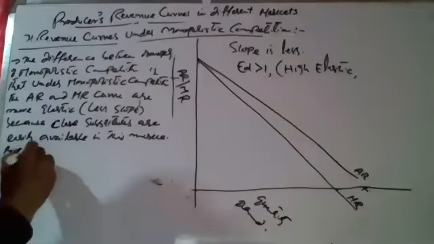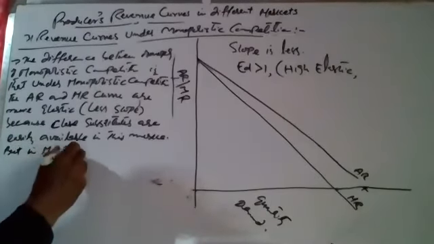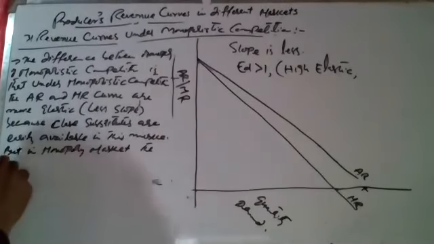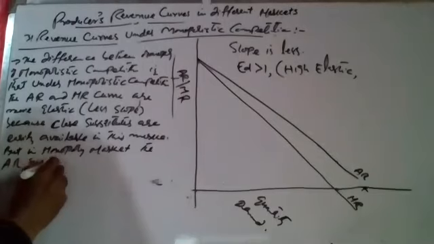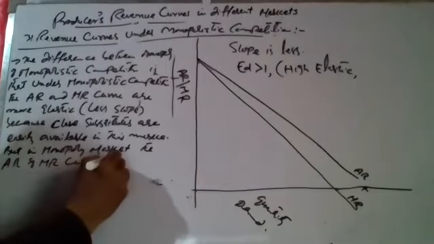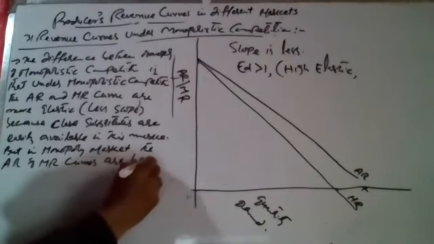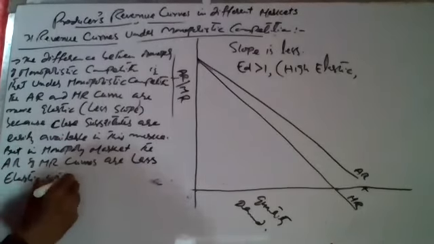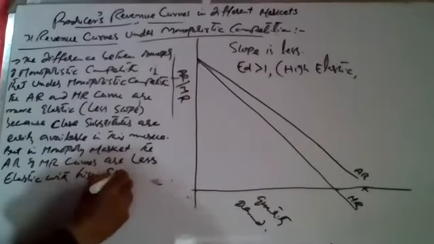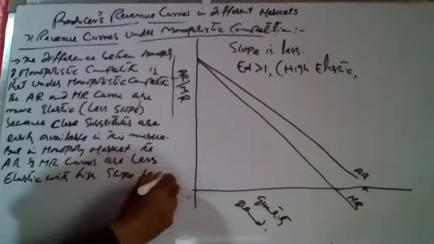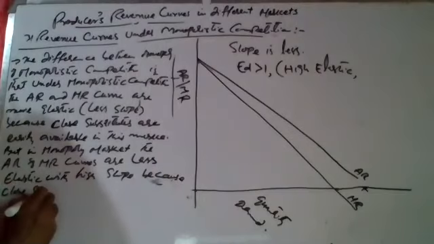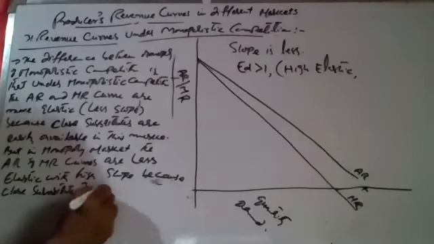On the other hand, in a monopoly market, the AR and MR curves are less elastic, with high slope, because close substitutes are not easily available for a product.